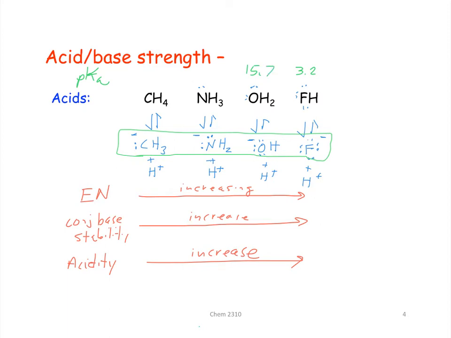So notice that HF is much more acidic than water, right? Remember that each pKa unit represents a whole factor of 10. So HF is over 10 to the 11th times more acidic than water.